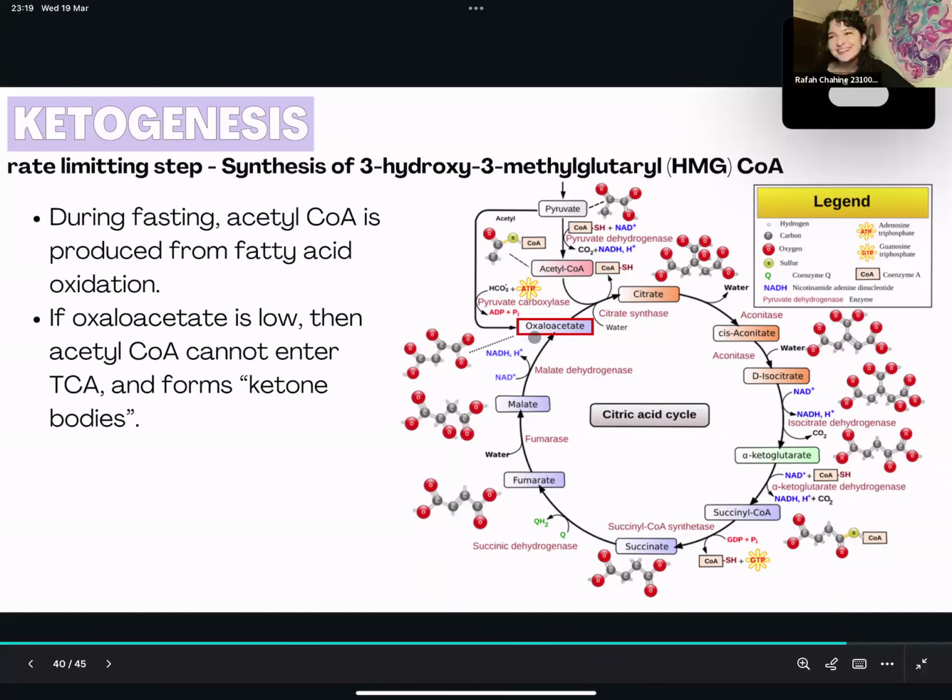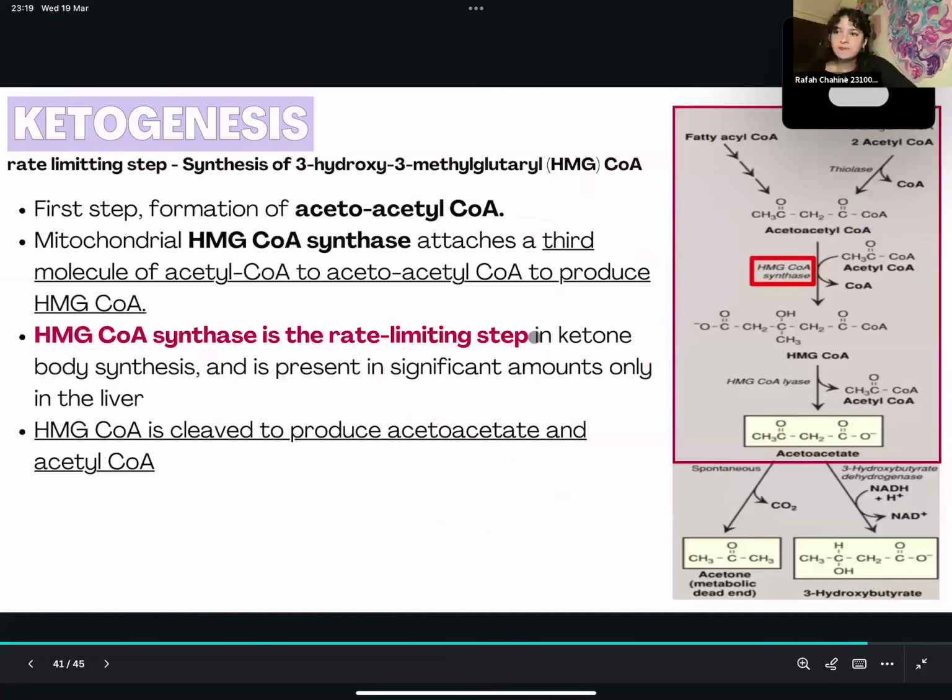Pretty easy. Now, in order to begin ketogenesis, we need 2 acetyl-CoAs. It is a requirement. Now, the reason that they put fatty acyl-CoA here is because they're basically telling you that you can get acetyl-CoA from these fatty acyl-CoAs with beta oxidation, but we already know that. We just finished beta oxidation.